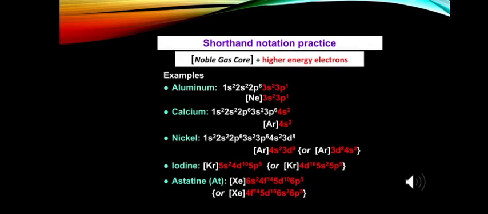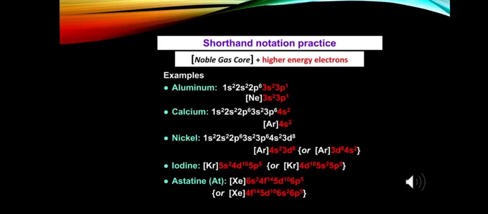In case of nickel, we have 1s2, 2s2, 2p6, 3s2, 3p6, 4s2, 3d8. So instead of writing down the complete electronic configuration, we write argon along with the higher electrons, that is 4s2 and 3d8.